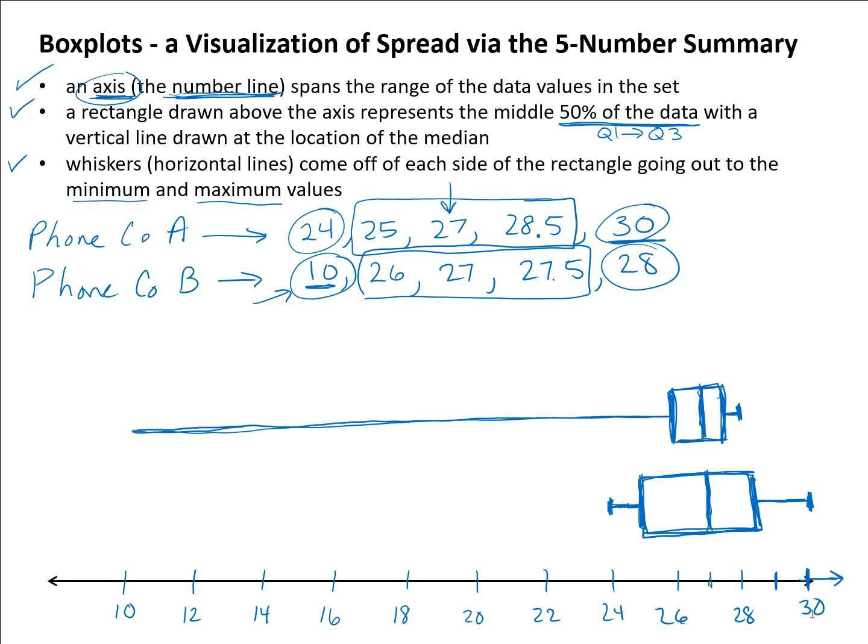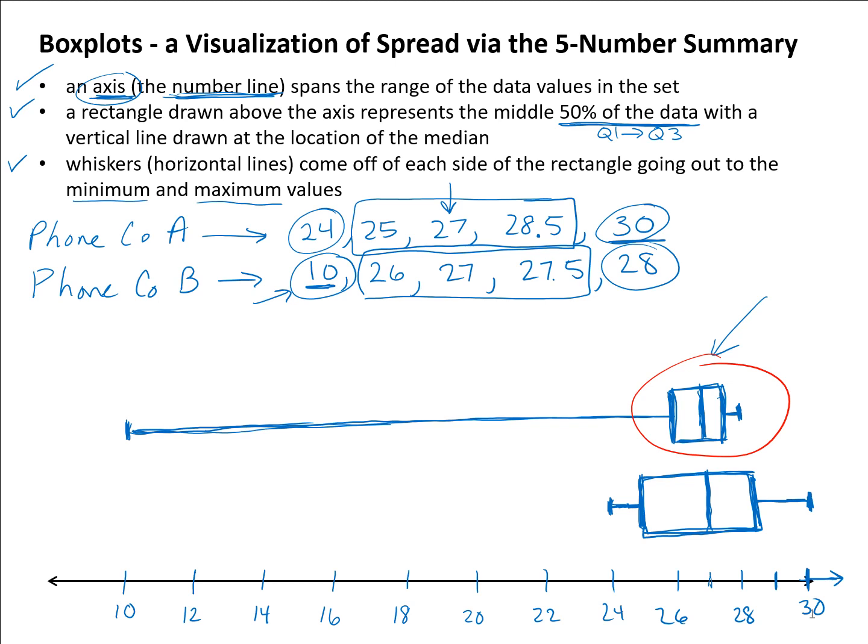So what we see with the whisker here is that we have a lot of spread because we have such a low minimum. But most of the data is very tightly packed. That middle 50%, in fact, the upper 75% of the data, all of this is very tightly packed.